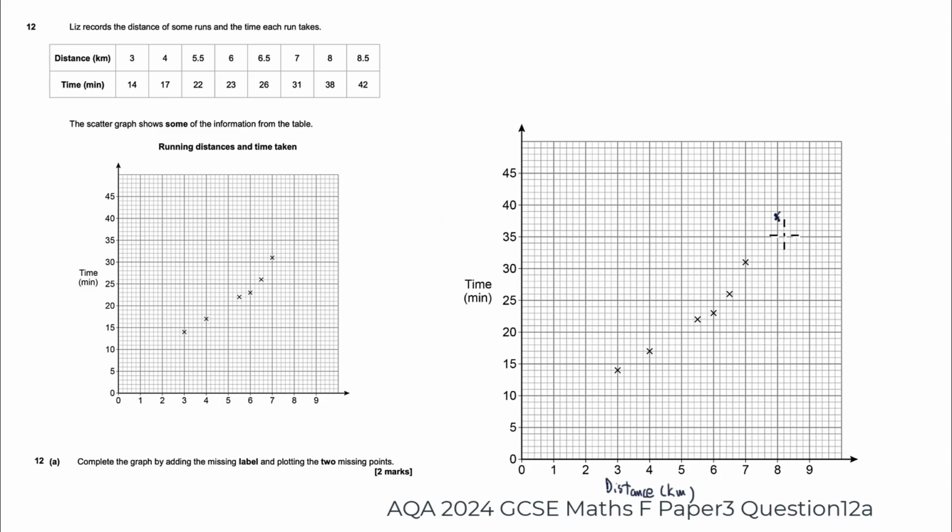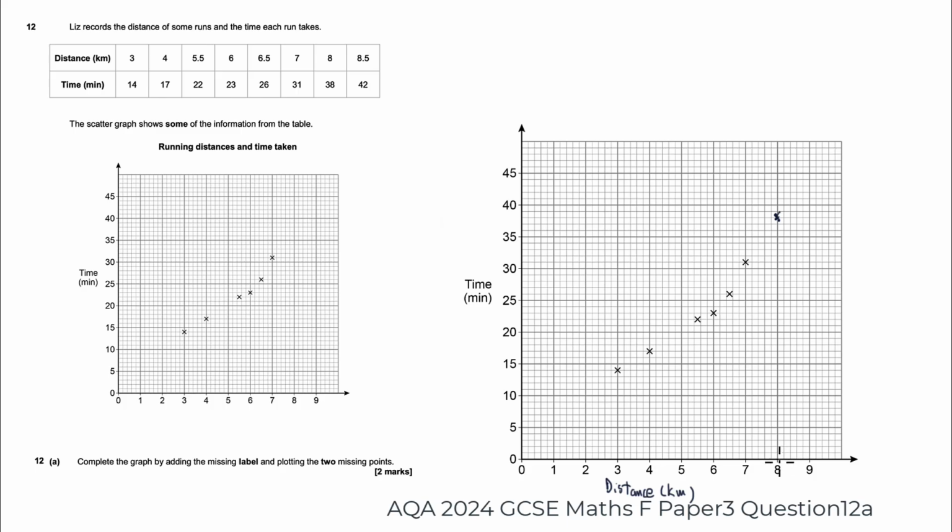That's 3 squares above the 35, or 2 squares below the 40, and make sure it's on the 8 kilometre line. And we'll do a similar thing for the 8.5 kilometre run, which is 42 minutes you took. So 8.5 would be halfway between 8 and 9.